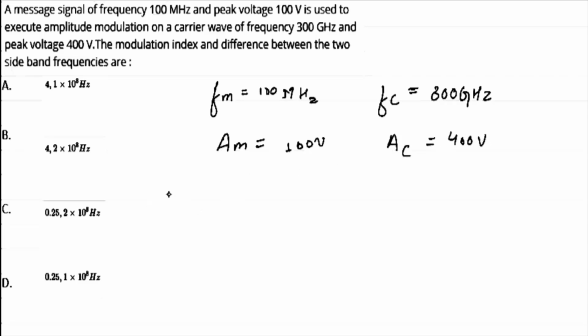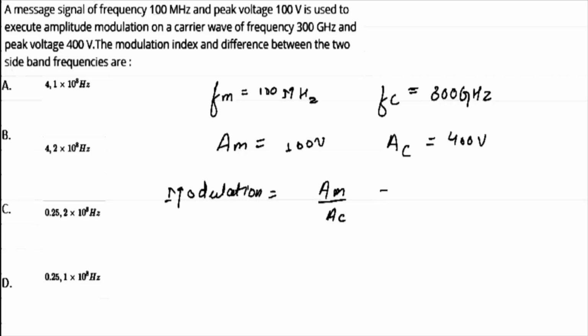So we know that the modulation index is given by Am upon Ac, that is the amplitude of the message signal upon the amplitude of voltage of the carrier signal.